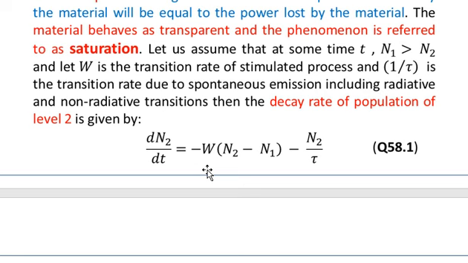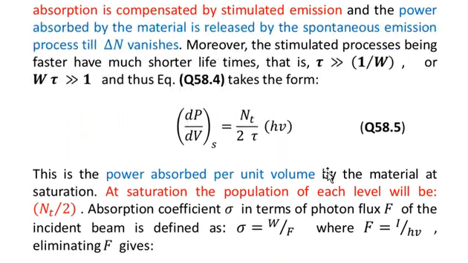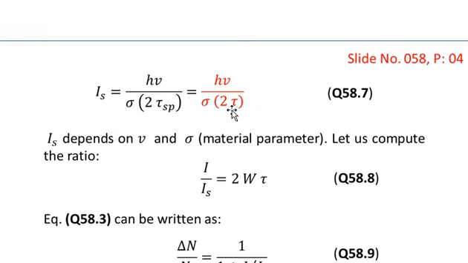That is, the stimulated absorption and stimulated emission cancel out, and we are left only with the rate of decay of the population in level 2, which is NT, the total population, divided by 2 tau. So 1 over 2 tau is the rate of the spontaneous process, where tau is the lifetime of the spontaneous process. That's why we have 2 tau in the expression for the saturation intensity.